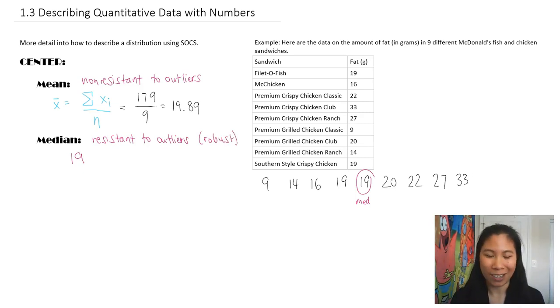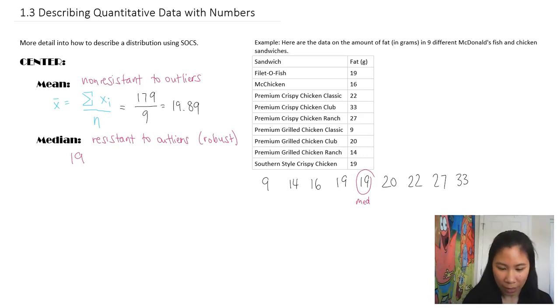Just for funsies, why not? So these are the different ways that we can describe a center. That means if you have outliers in your data set, that's obvious, then you should definitely use a median to describe the center and not the mean. Otherwise, use the mean. Okay, so that's our center.